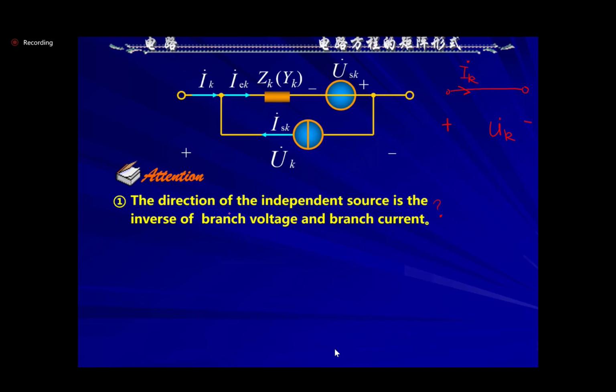But for the independent sources, the voltage source and current source, the direction is inverse: the right is positive, the left is negative, and the current flows from right to left. This is our definition of the standard branch.